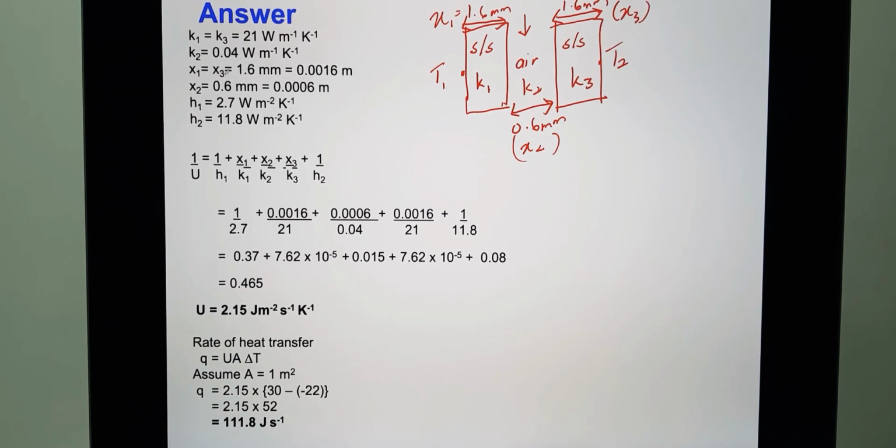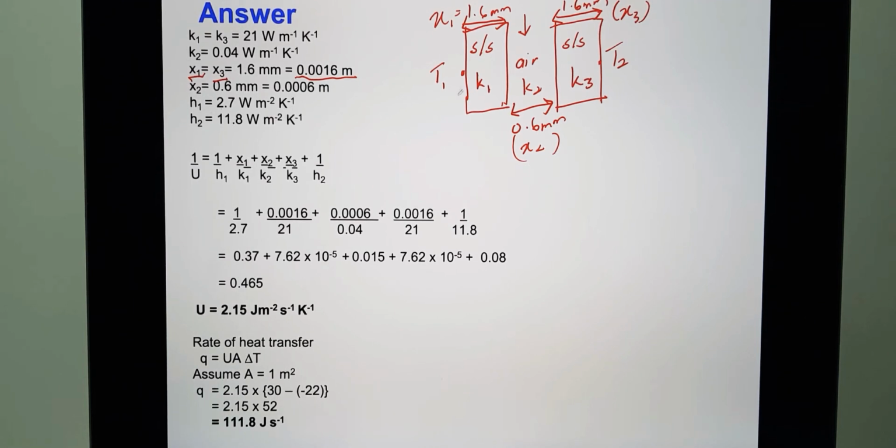So can you see here why they are 1.6 millimeter? X1 equals X3, alright, and just now I've mentioned to you, please convert the value into meter. The same thing goes to X2. The thickness of X2 is 0.6 millimeter. You need to convert to meter as well.